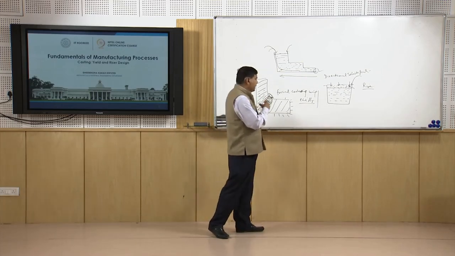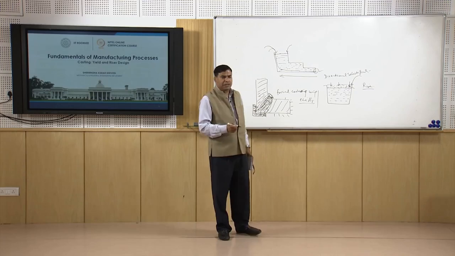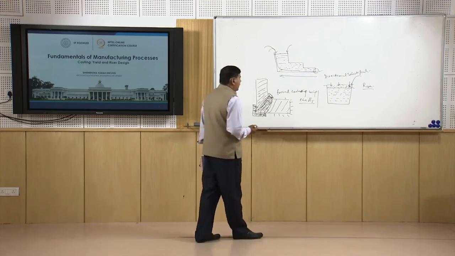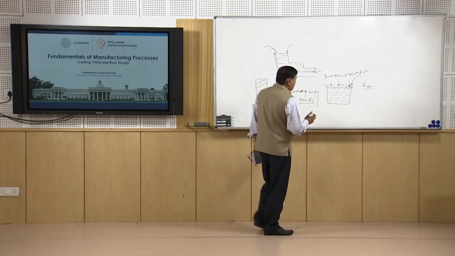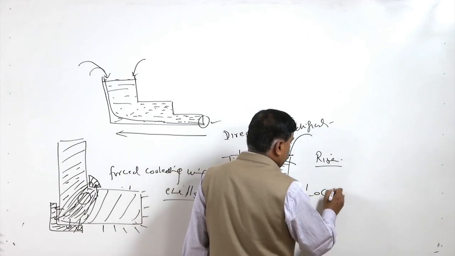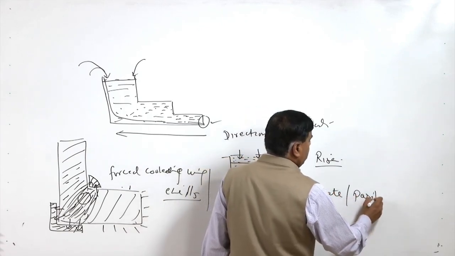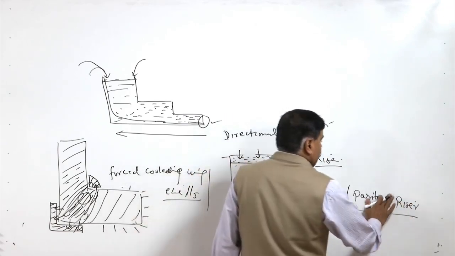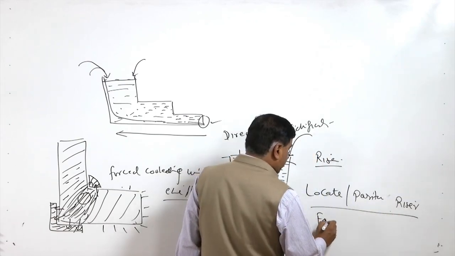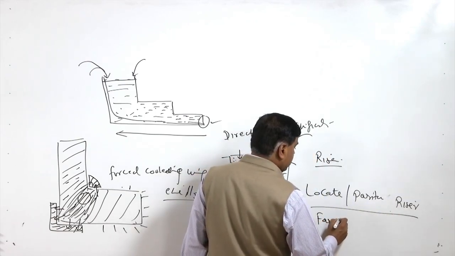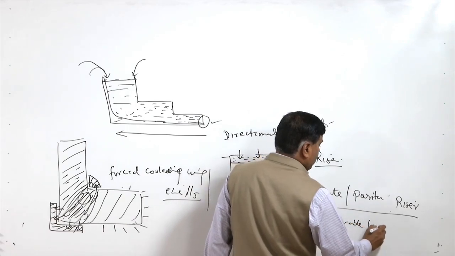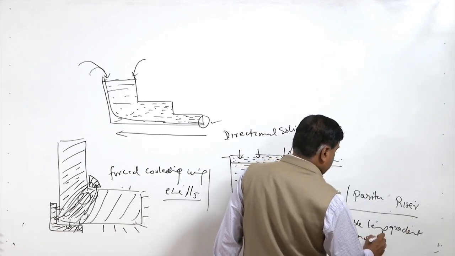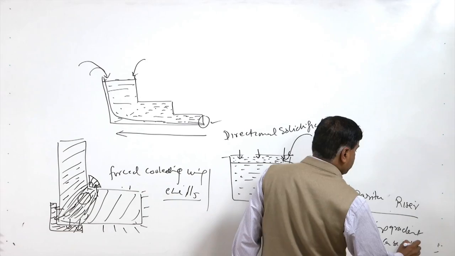So, application of chills is one of the methods which can be used to regulate the position of the hot spots, and another method is to locate the position of the riser suitably, so that a favorable temperature gradient in the mold can be established.